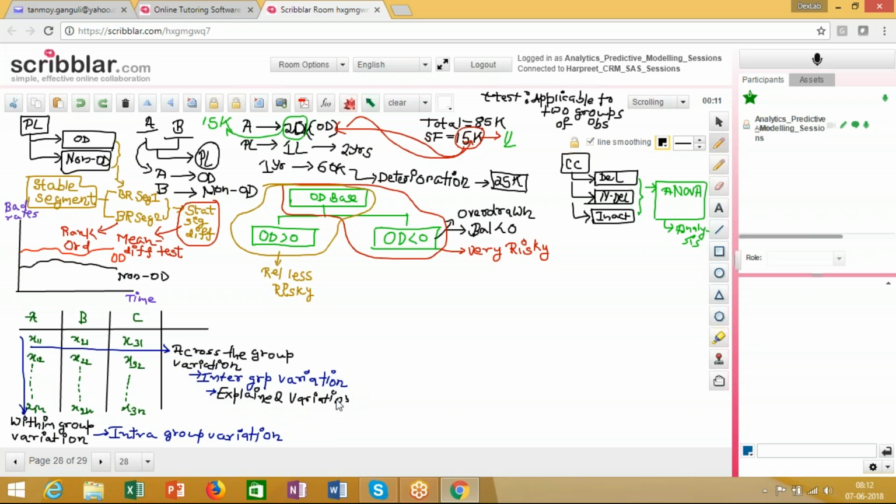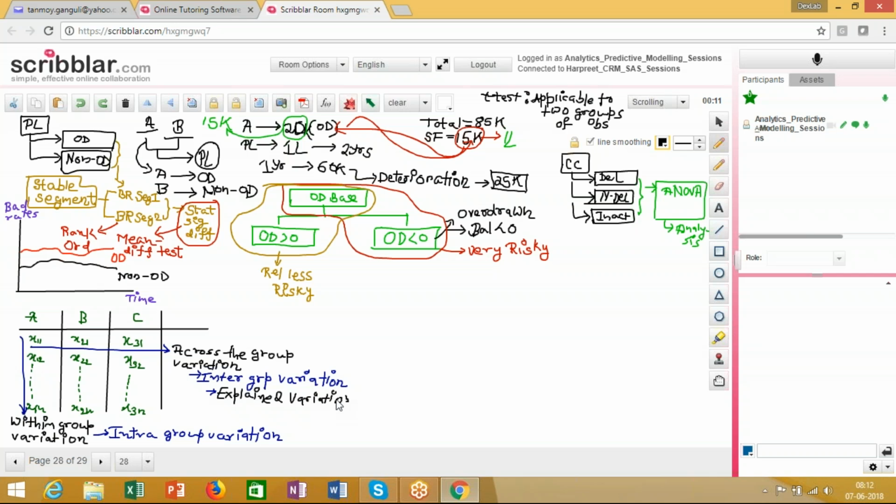And the next that we have over here is the intra-group variation, which is the within the group variation. So what is this intra-group variation that I have?